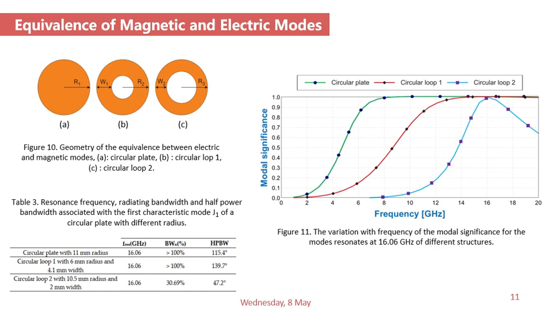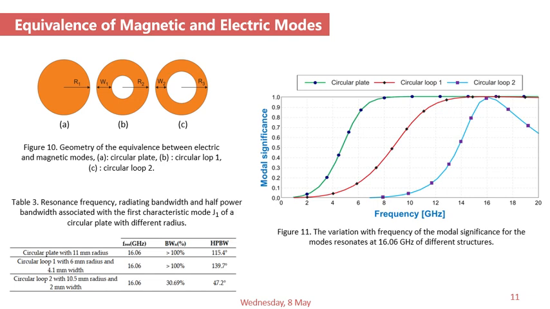The final study is focused on the technique adopted to reduce the size of the circular plates through obtaining the equivalence demonstration between the magnetic and electric modes. The circular plate with a radius of 11 mm has two miniaturization designs at 16 GHz. The first equivalent geometry is the circular loop 1 with width 4.1 mm and external radius 6 mm.